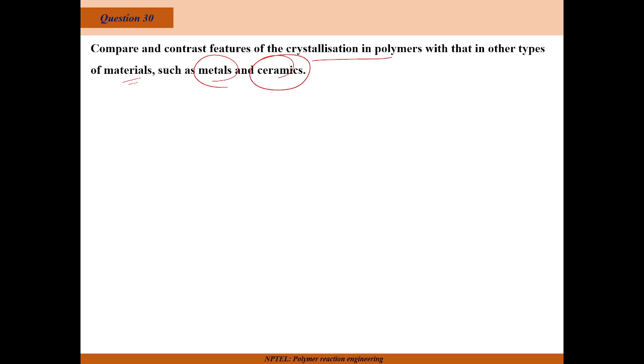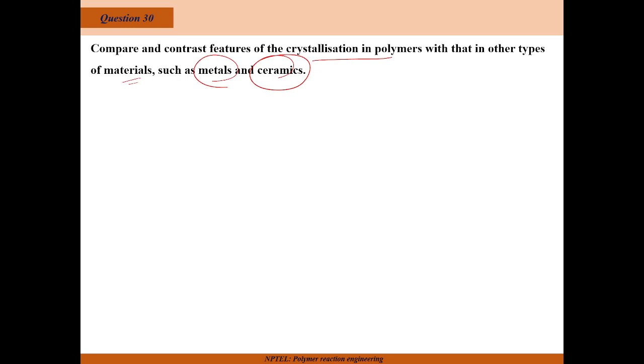So we can call polymers semi-crystalline, not an entire crystal. They definitely have a crystalline part as well as amorphous parts. Whereas metals and ceramics can be pure crystals.